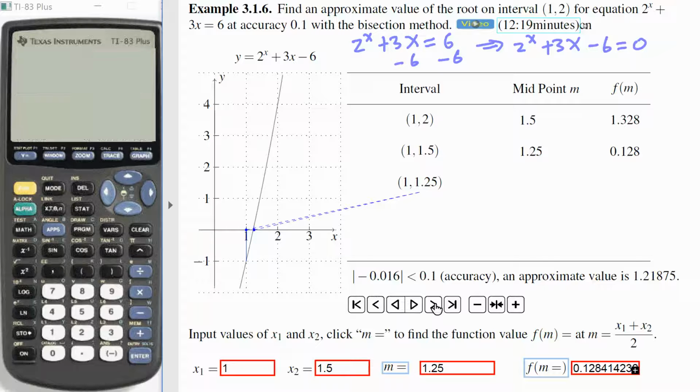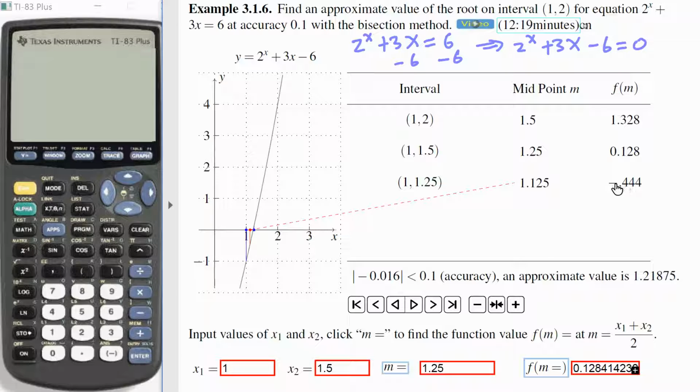So intuitively you can see that. The middle point of 1 and 1.25 is 1.125. Your function value is right here.